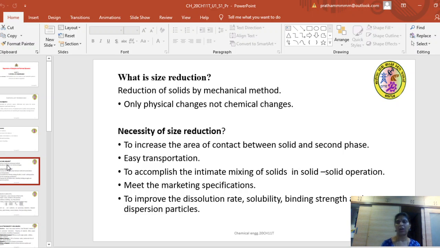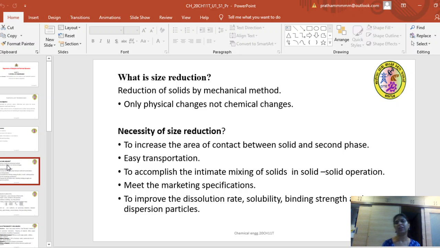It can also be called comminution. Many solid particles exist in various sizes, which may be too large for any process to accomplish, so size reduction has to be done there. Size reduction plays a very important role.